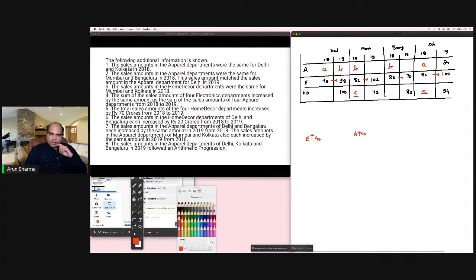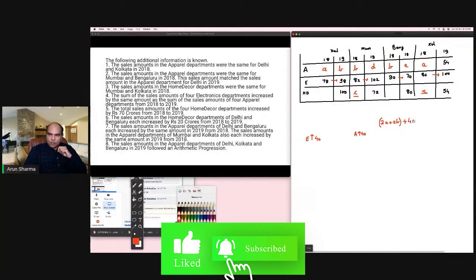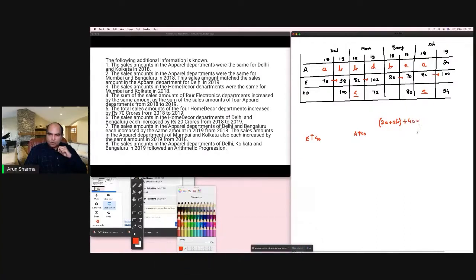Now if I go to the apparel, now there are 2 blanks in the apparel row. So I might want to put a D here and an E here. And what I know now is that 2A plus 2B plus 40 is equal to B plus D plus E plus 54.